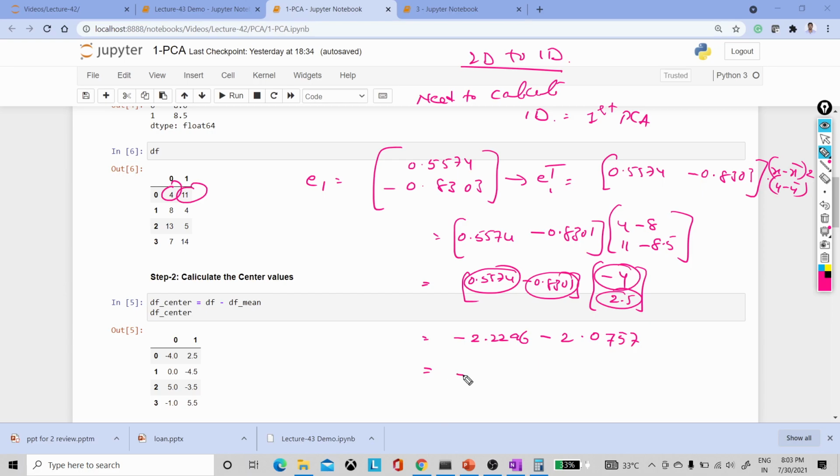So the final answer will be minus 4.3052. So this is the principal component for example 1. For this sample the PC1 will be minus 4.3052.